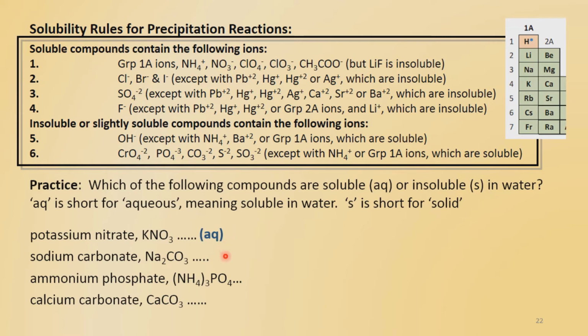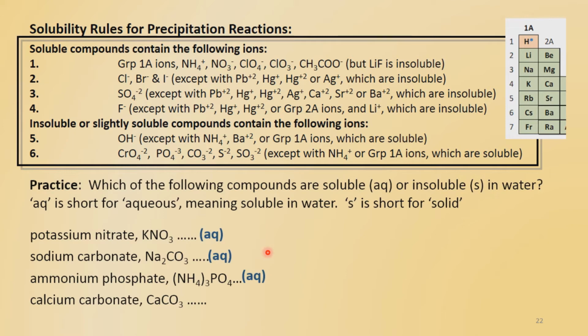How about sodium carbonate, Na2CO3? Well, it's true that most carbonates are insoluble, but when combined with the group 1A ions, like sodium for example, they're soluble. Ammonium phosphate. We saw that all phosphates are insoluble unless they're combined with one of these exceptions, and ammonium is one of those exceptions, and so ammonium phosphate is also soluble.